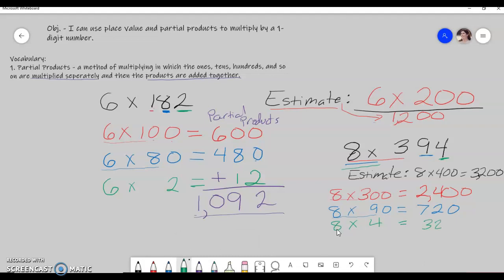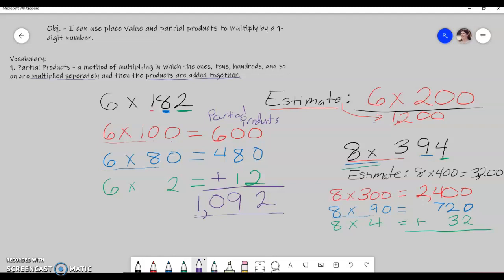Now notice, I didn't line up my place values very well, did I? So what I can do is rewrite this with the place values lined up. This is 720. So I'm going to line up 720 with my other place values for my 2,400. And then for my 32, do the same thing. Now if you have more room, you could just rewrite it in another spot. That's fine.